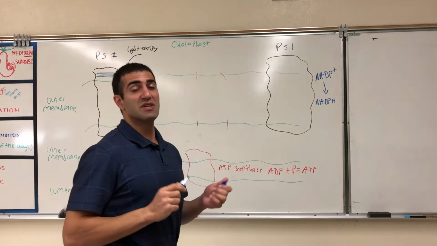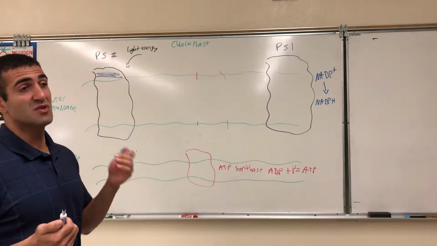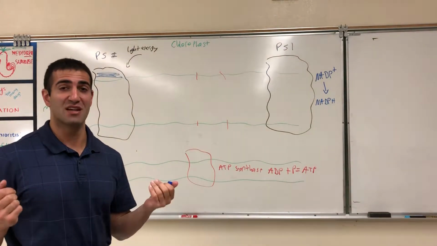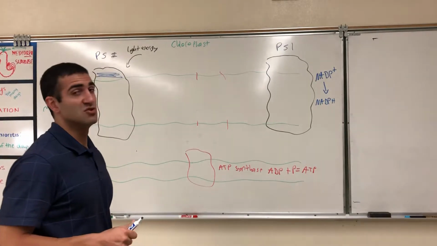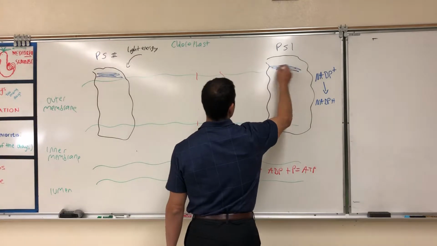And photosystem 1 is very similar. It's going to take chlorophyll, it's going to absorb light, it's going to use that light in order to excite electrons in order to load on to NADP+ to reduce it. So once again, chlorophyll.